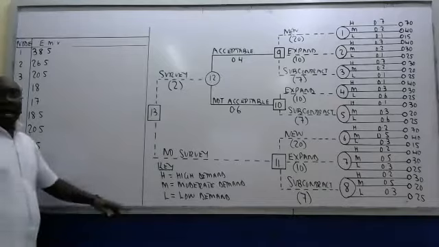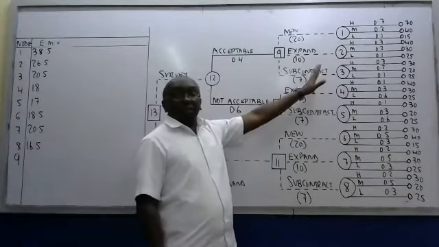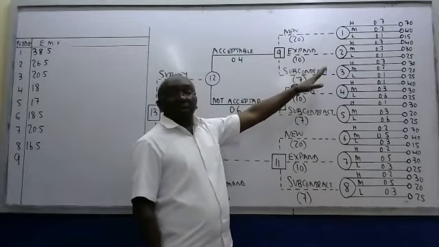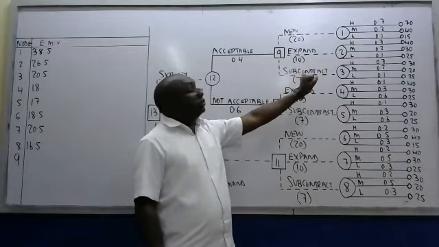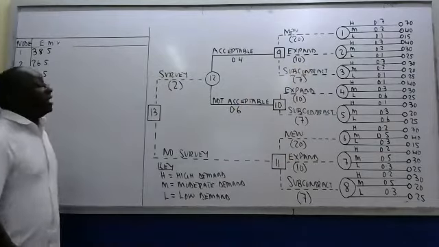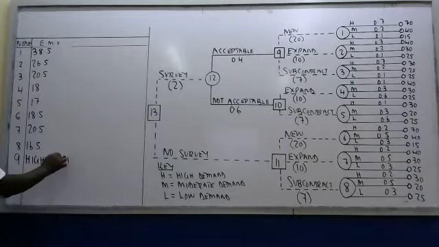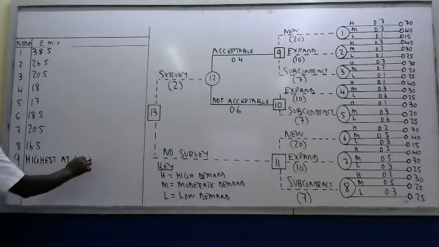Now, number 9, as you can see, the lines going out are incomplete. And I told you if the lines going out are incomplete, what you do, you select. You select the higher or the highest, depending on how many they are. So number 9, it will be the highest at 1, 2, and 3.